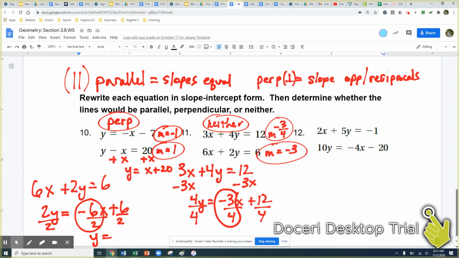There we go. 3.8 and 3.7. Do that. There we go. Any other 3.8, 3.7s? Any other 3.8, 3.7s? Yep.